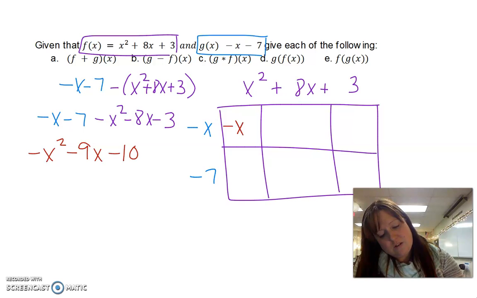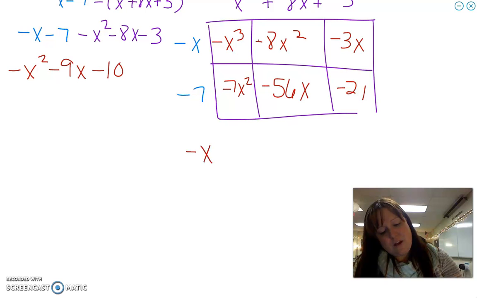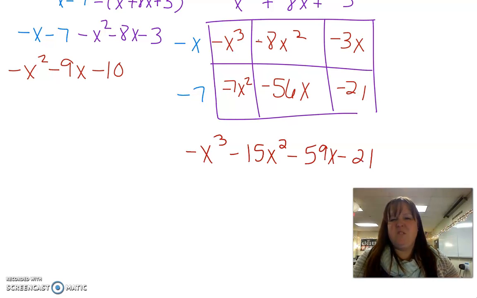So we have negative x cubed, negative 8x squared, negative 3x, negative 7x squared, negative 56x, negative 21. So then we would just add all those together. We have negative x cubed minus 15x squared minus 59x minus 21. So it's kind of long and a little bit icky looking, but really it's not so bad, right? Because the box makes it pretty easy.